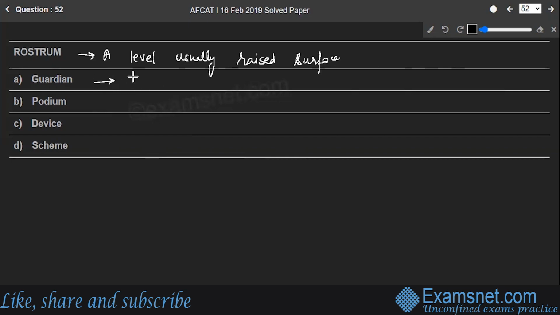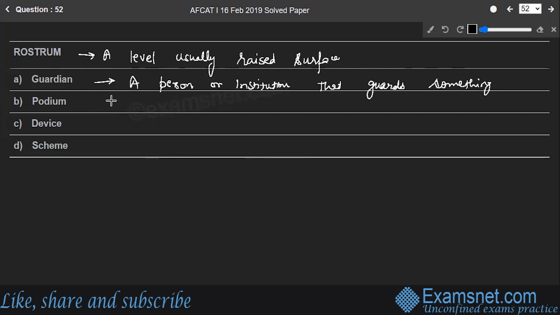First option is a guardian. You know, the guardian is a person or institution that guards someone or something, right?